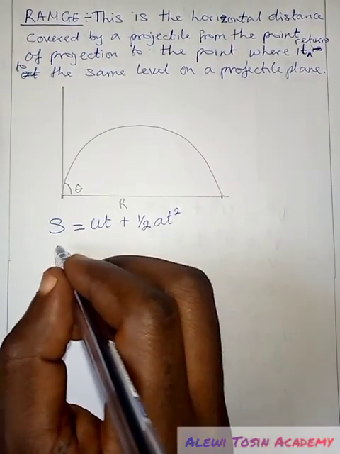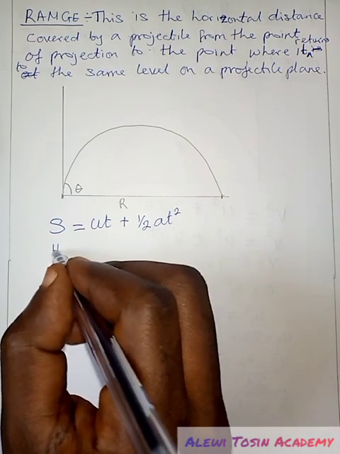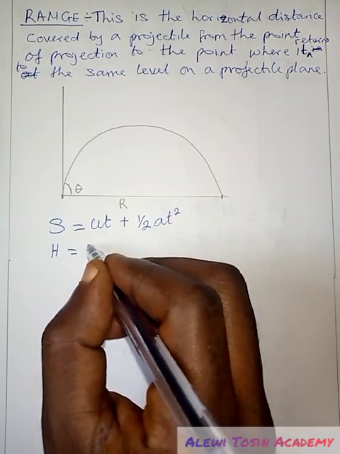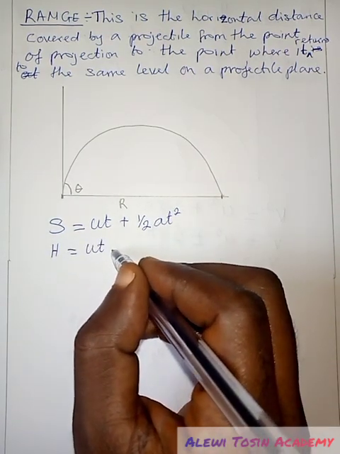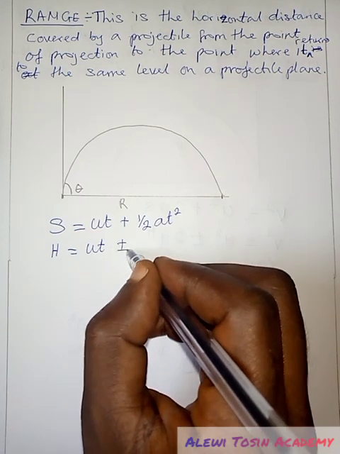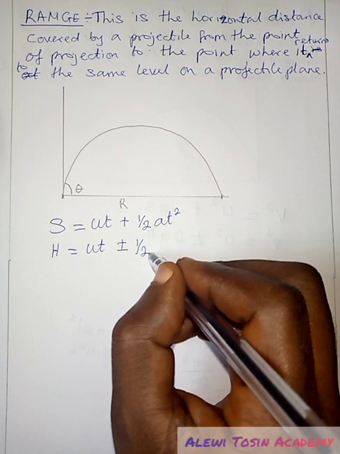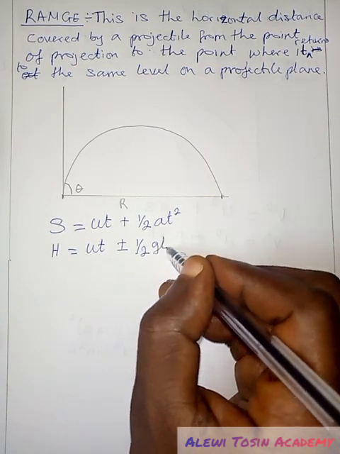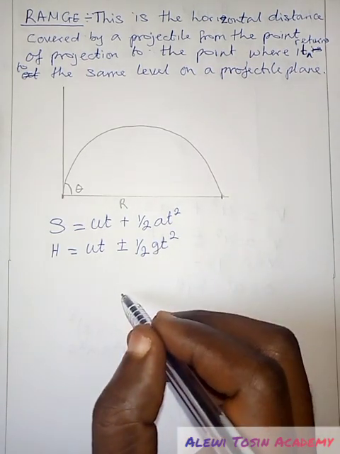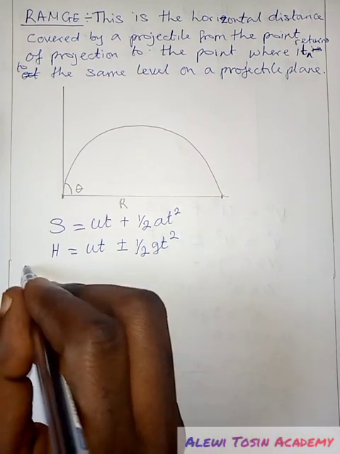Under gravity, our S will be h, and we have u plus or minus 1/2 gt square.